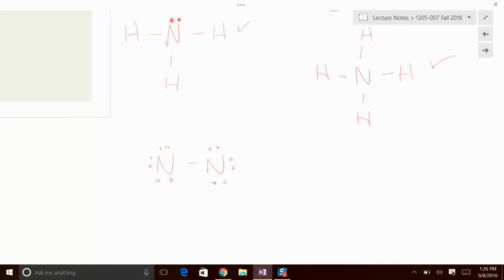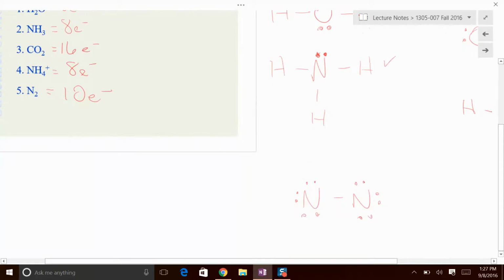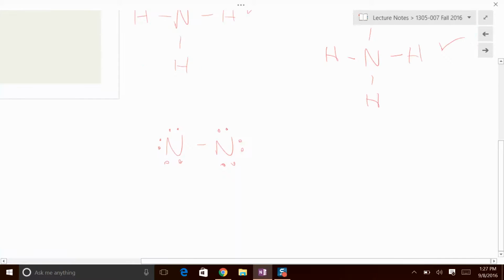There's 14 here. 2, 4, 6, 8, 10, 12, 14. Okay, there's 14 electrons in that structure. I don't want 14, I want close, a little more than 8, 10. Okay, we counted it as 10 electrons. Each nitrogen has 5. 5 times 2 would be 10. So a total of 10.